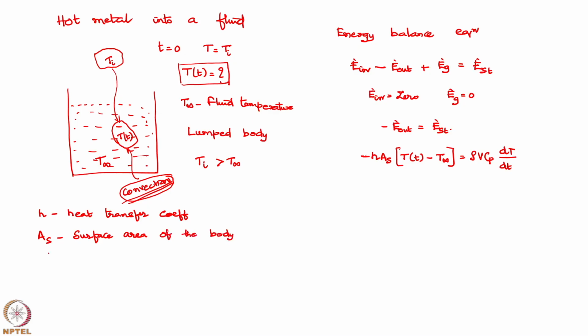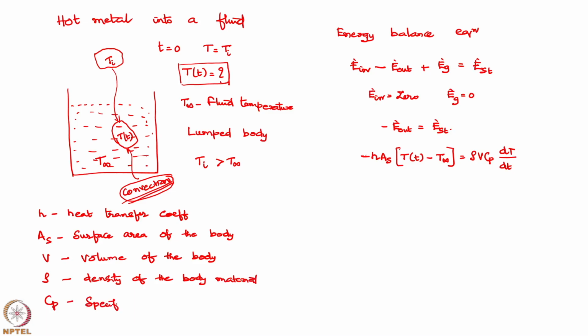And rho V is the volume of the body, and rho is the density of the body material, and cp is the specific heat of the body material. So we have defined everything here.